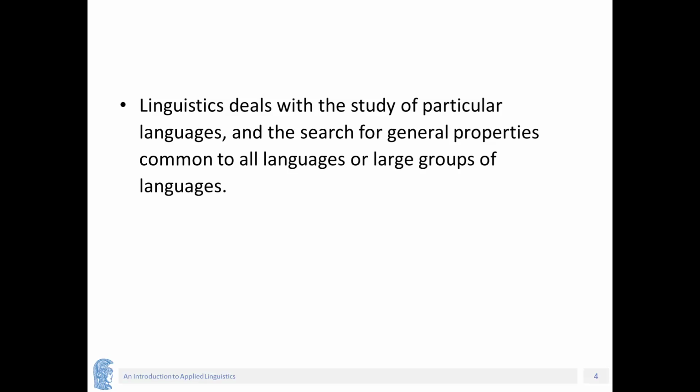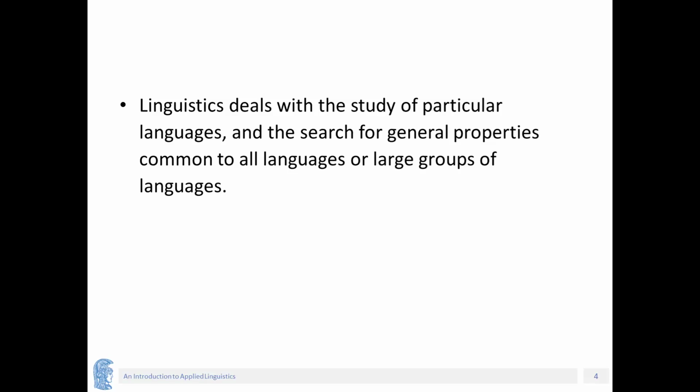Okay, nothing much here. Linguistic deals with the study of particular languages and the search for general properties common to all languages or large groups of languages.